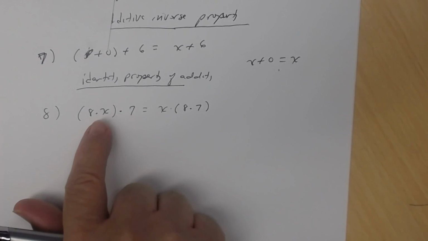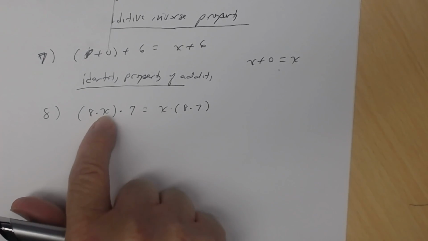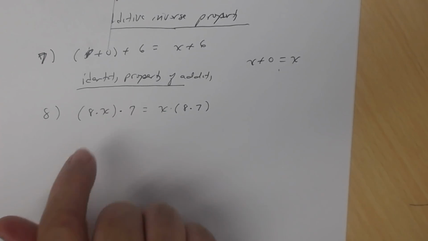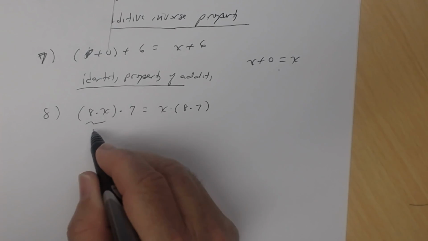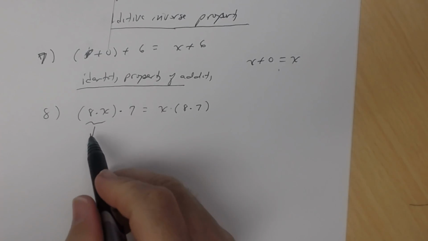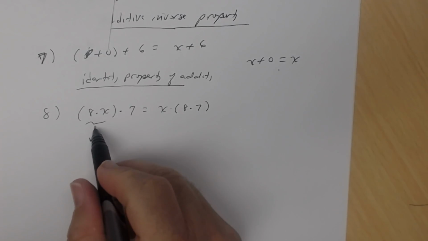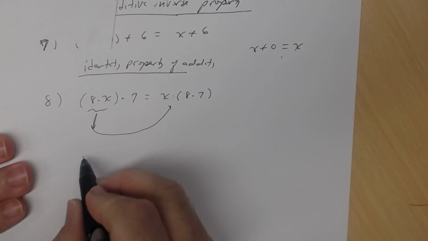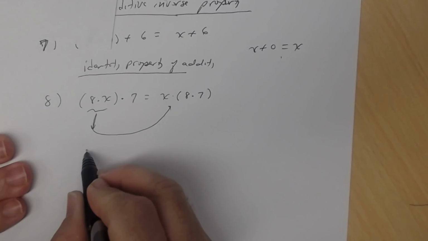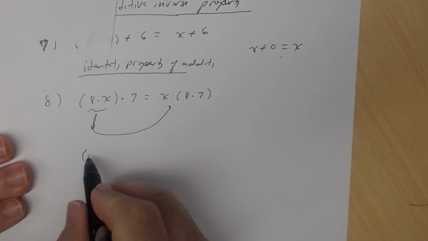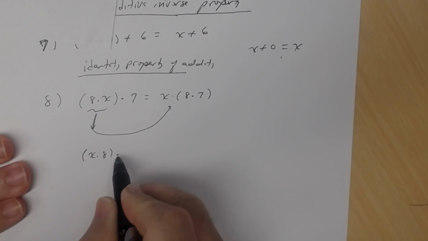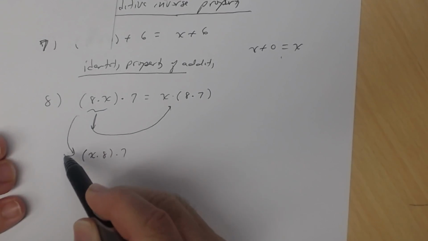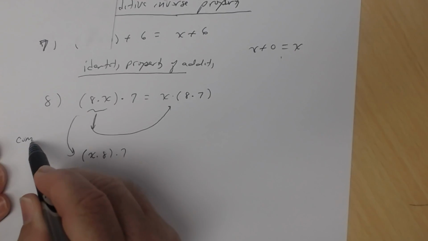But notice something. We have 8 times x, and all of a sudden I have x and 8 listed. So what they did first was the commutative property. They used the commutative property of multiplication to go from here to here, because 8 times x is the same as x times 8 times 7.